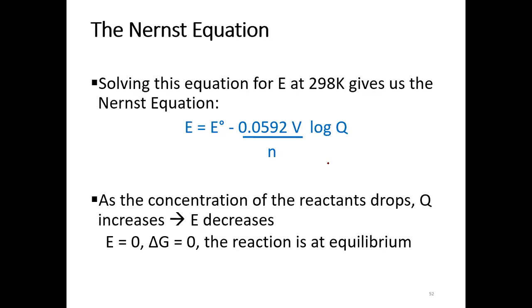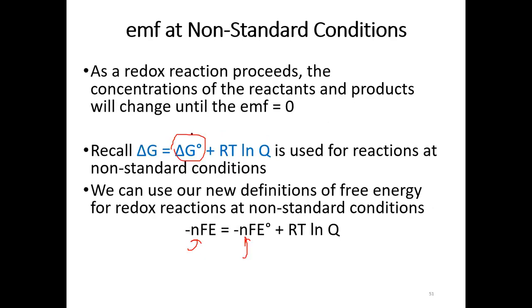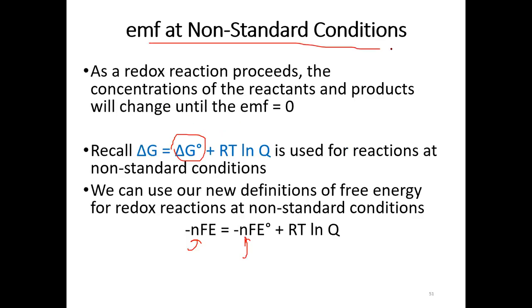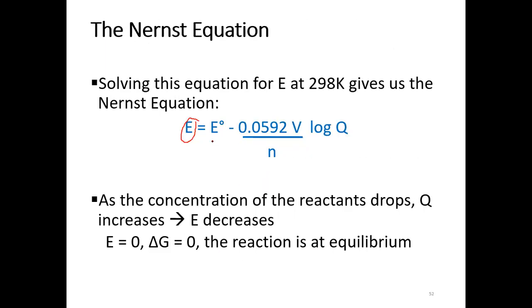That brings us to another equation, for the calculation of the E cell under non-standard conditions. We're going to take account of the E at the standard conditions, the number of electrons flowing in the chemical reaction, and this number here that comes out of your R and T for 298 temperature.